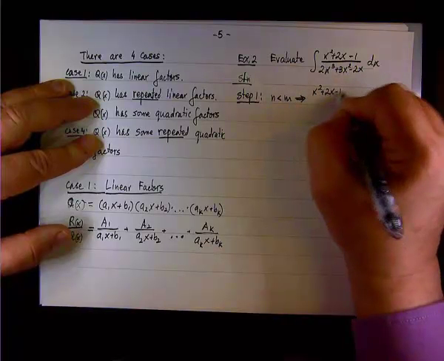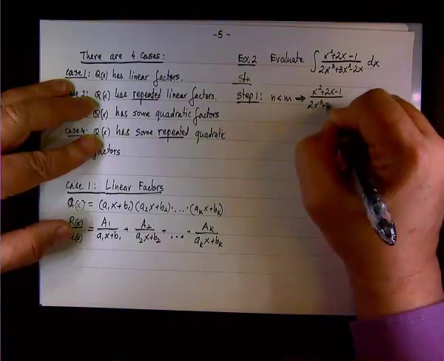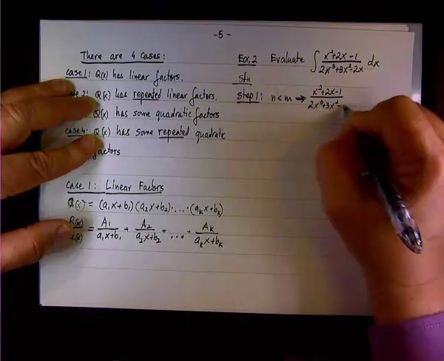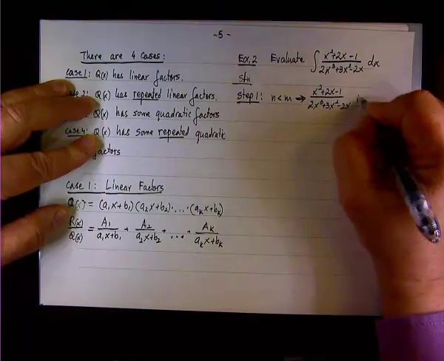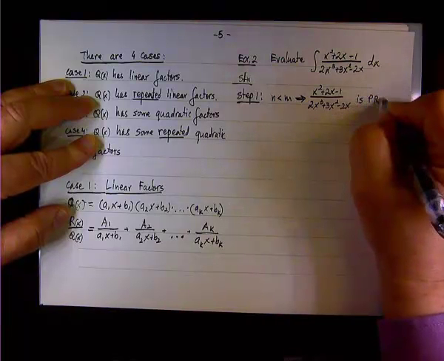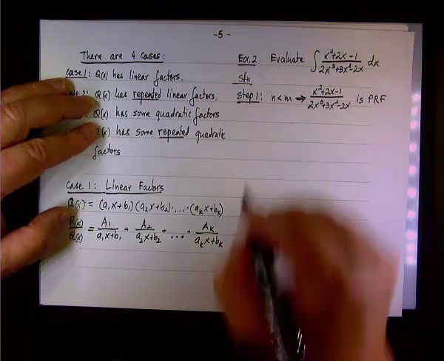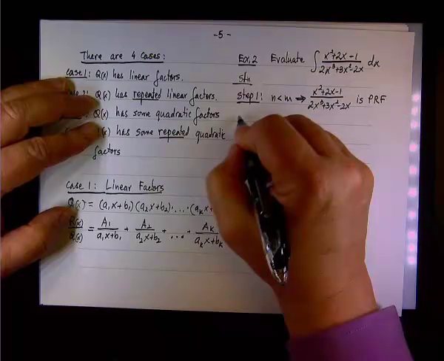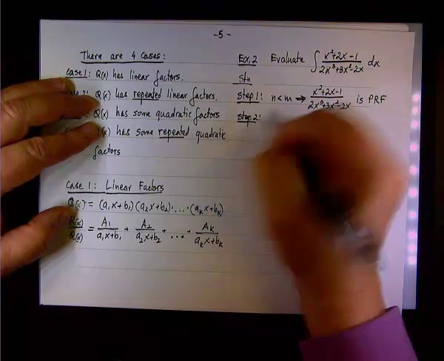N is less than m, and therefore the integrand x squared plus 2x minus 1 divided by 2x cubed plus 3x squared minus 2x is a proper rational function. So we are done here.